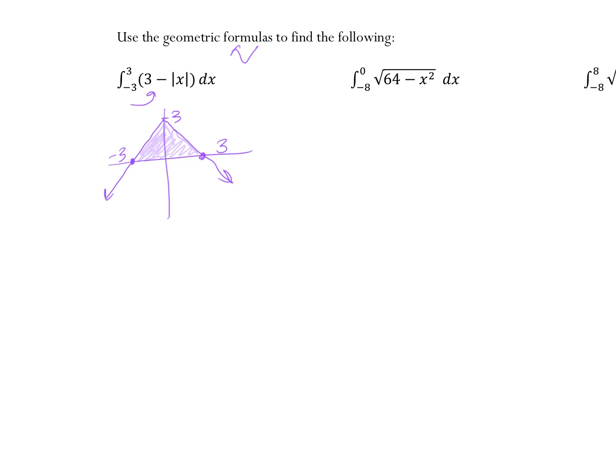How could I find that area? It's a triangle, yeah? So this distance would be 6, right? And then this distance would be 3, and so we would do 3 times 6 over 2, which is 9.